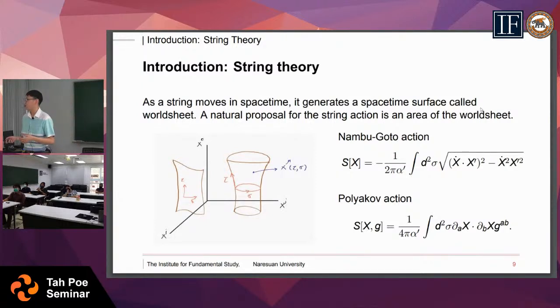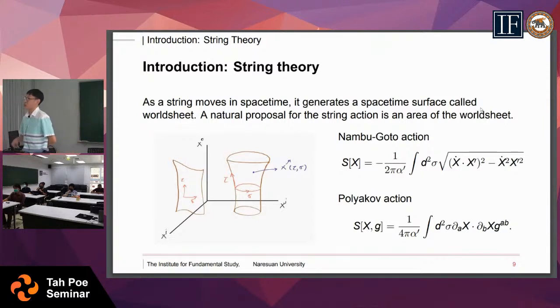But the string is one-dimensional, and when it moves in space-time, it generates a 2D space called the worldsheet, and because it's 2D, you can parameterize it by two numbers or two parameters. Let's say tau and sigma here.